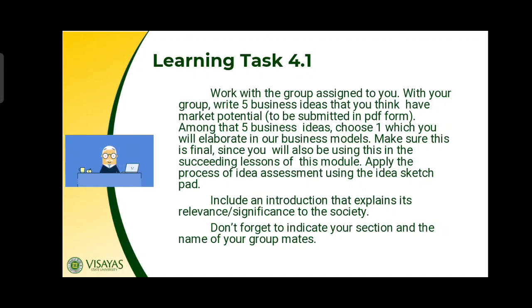Among the 5 business ideas you indicated, please choose one which you will elaborate in your business model. The title of your business idea must be the brand name that you wish to name your product or your service. Make sure this is the final product or service that you will offer, since you will also be using this in the succeeding lessons of this module.